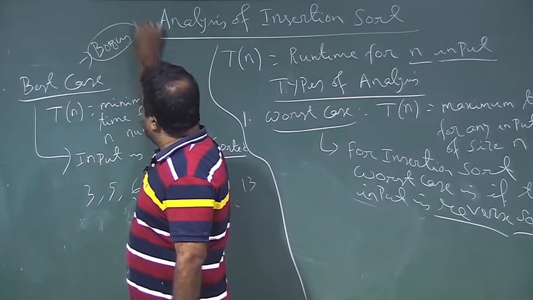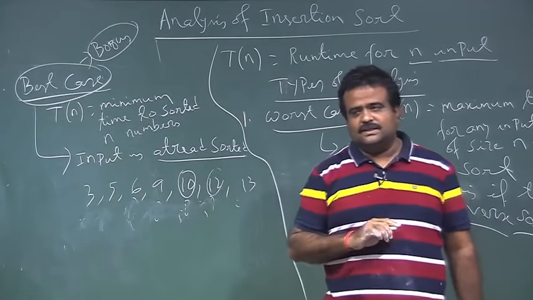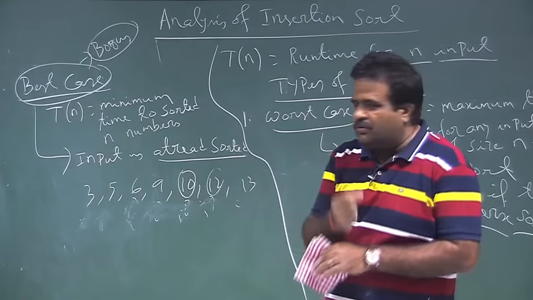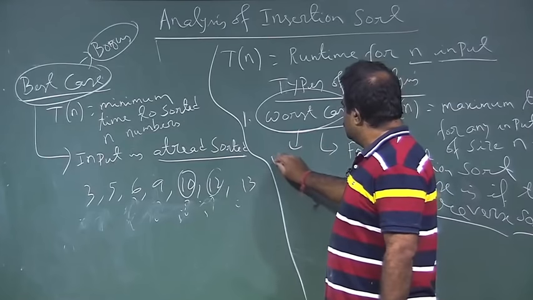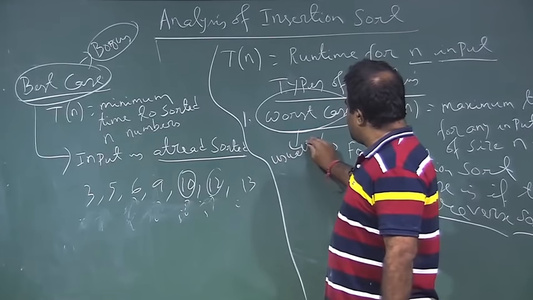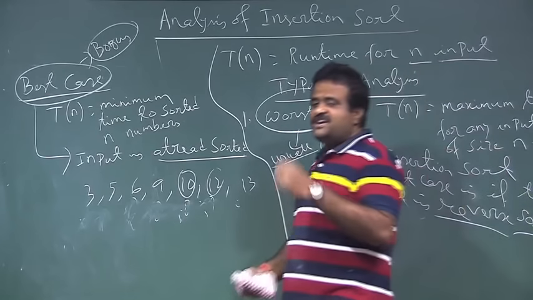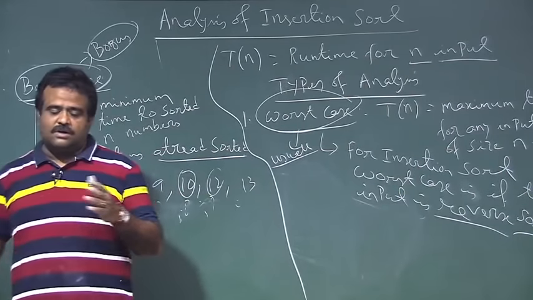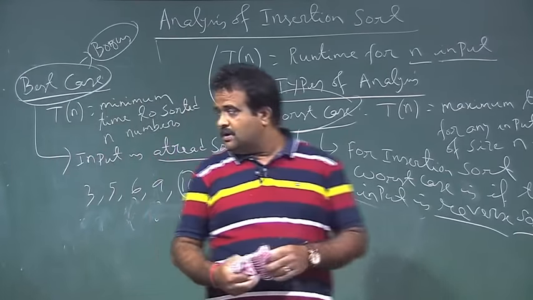So people do not prefer this analysis, because it holds only for certain input, whereas the worst case is the usual analysis we do, because it is guaranteed. We can guarantee that our algorithm takes this much time.